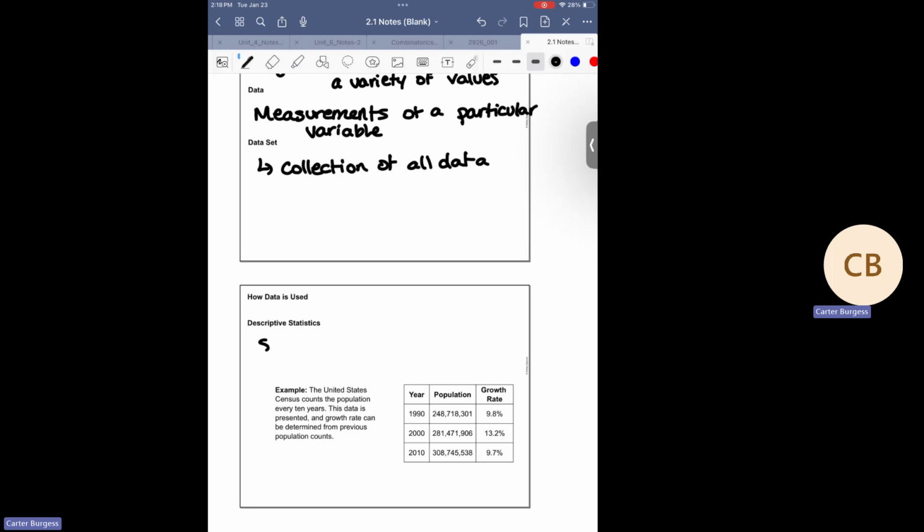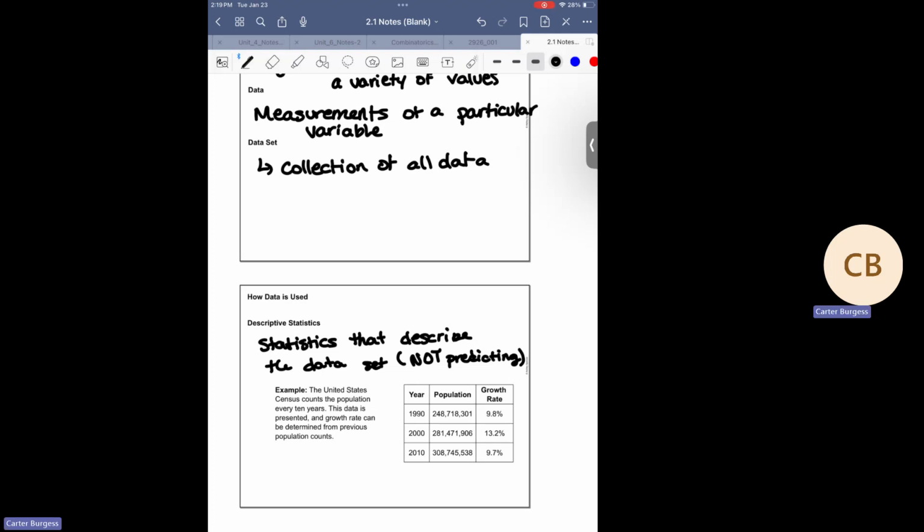This is going to feel fairly redundant, but these are statistics that describe the data set, and importantly, they are not making predictions beyond what we see with the data set, or not trying to make generalizations. Predictions is, I think, an okay way to describe it.